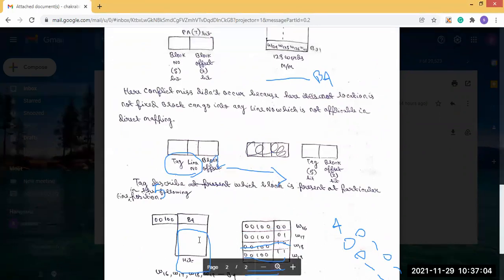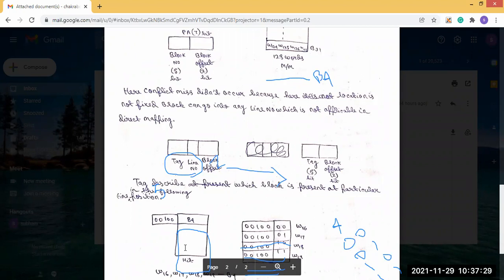So that means a cache hit occurred, because the particular block the CPU wants to find is present in the cache at that moment. We cannot name a particular line, but we can say it is present in the cache. Why will we not use that line concept?